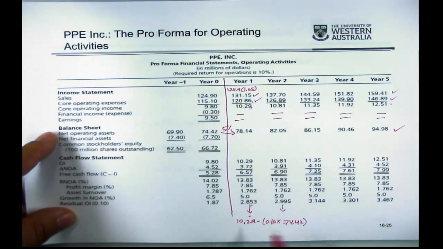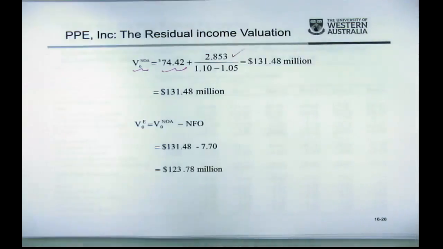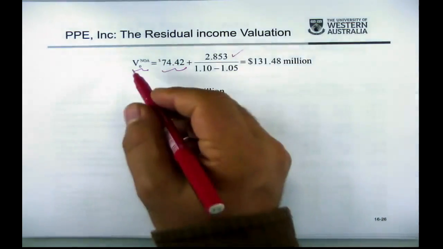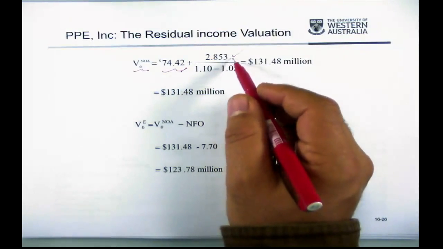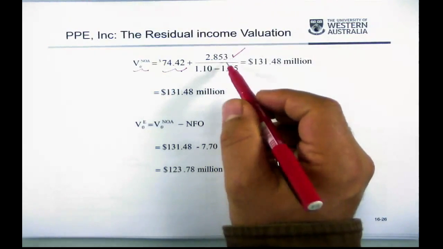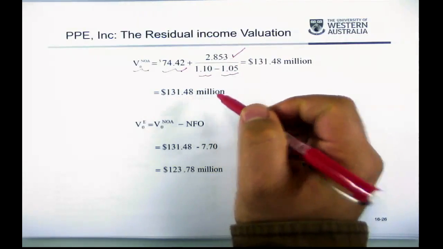According to our assumptions, this one will be growing every year by 5%. If you calculate the growth rate here, this divided by this minus 1, this divided by this minus 1, it will be similar to the growth rate of sales. So we can value the FAM as follows. We capitalize the first residual operating income. We divide it by the difference between the required return and the growth rate.